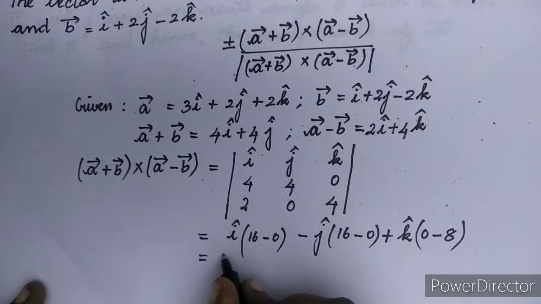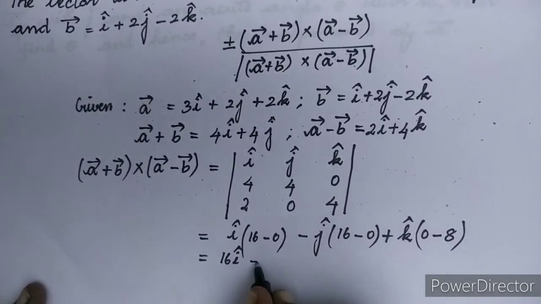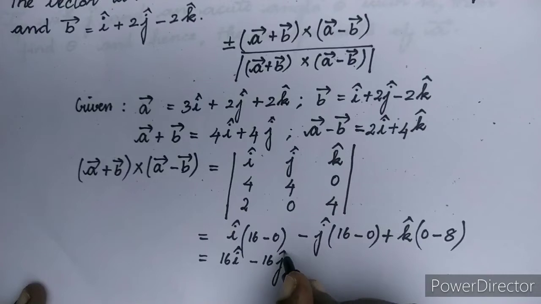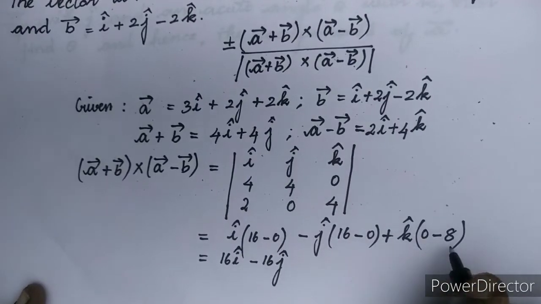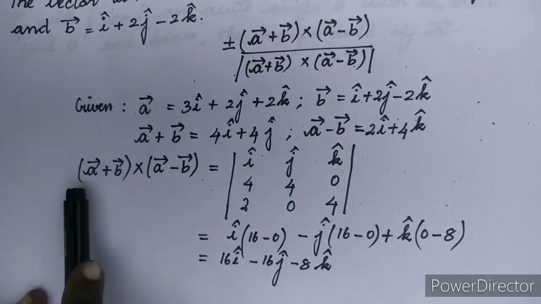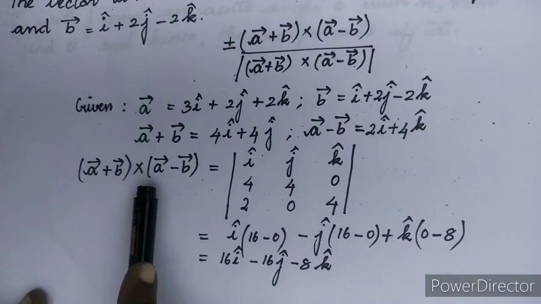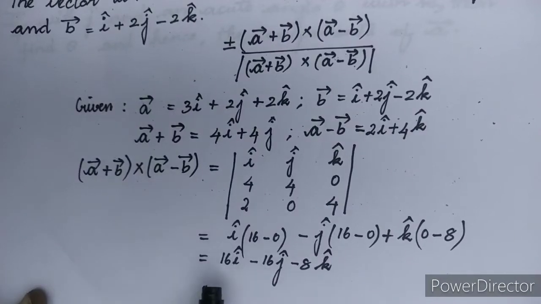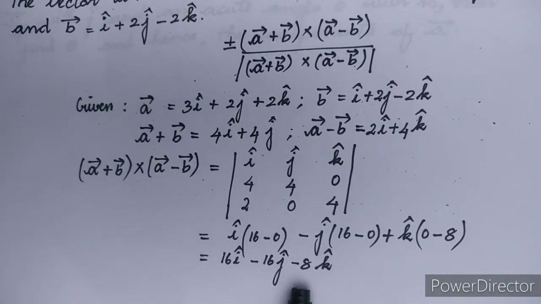So 16 i cap minus 16 minus 0 again 16. So 16 j cap, 0 minus 8 is minus 8. So minus 8 k cap. So our A vector plus B vector cross A vector minus B vector is 16 i cap minus 16 j cap minus 8 k cap.